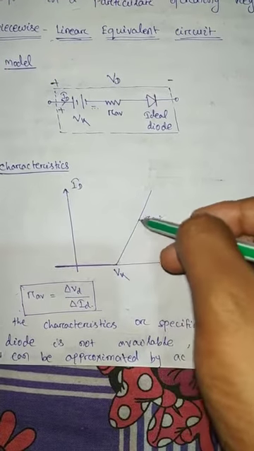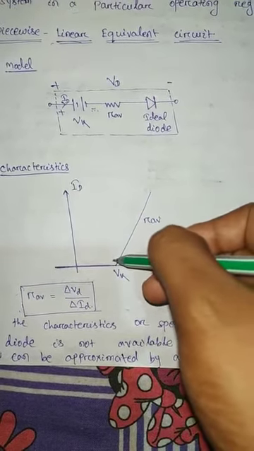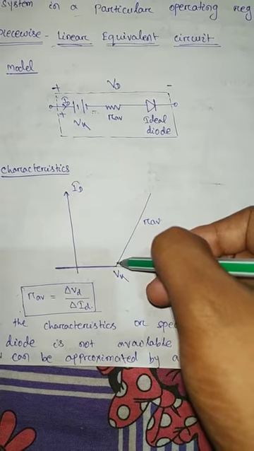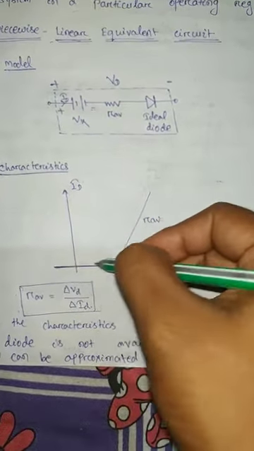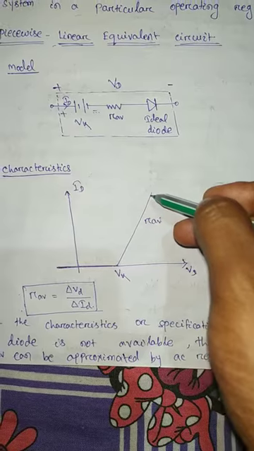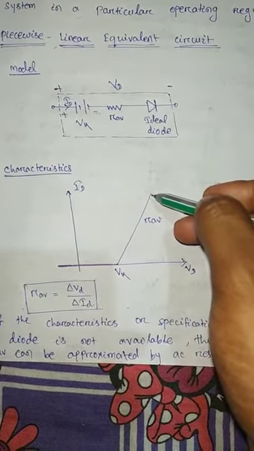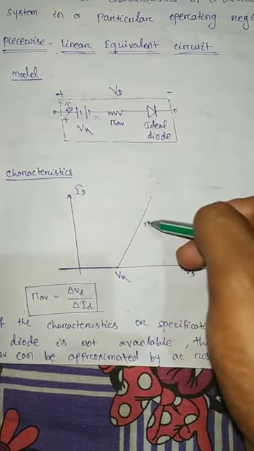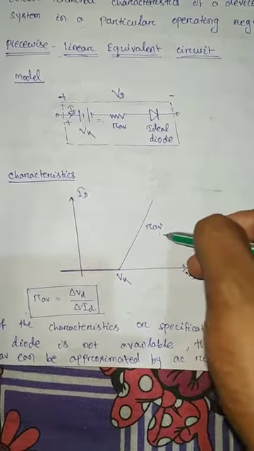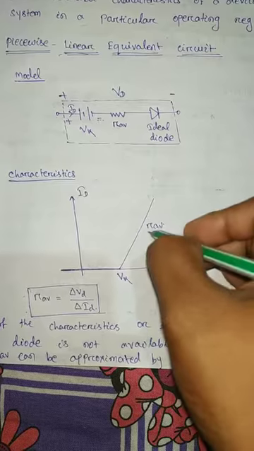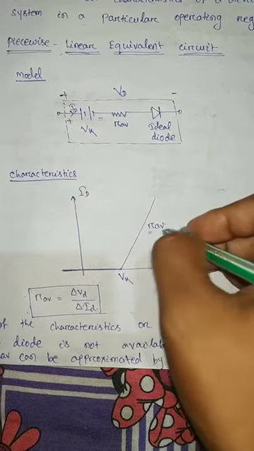This is the forward characteristics graph for the diode in the case of the piecewise linear equivalent circuit, and the slope of the graph represents the average resistance of the diode.